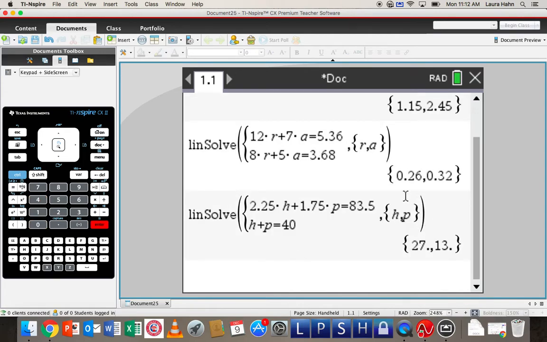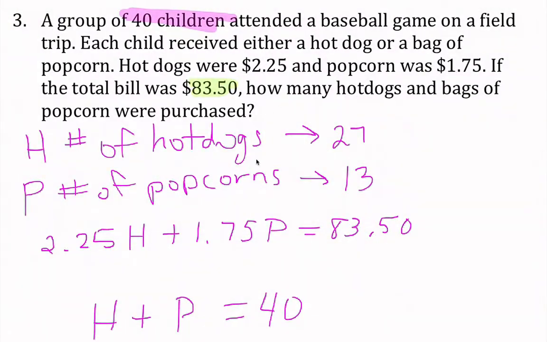So remember, this tells us how the answer is going to come out. I know h stands for the number of hot dogs, p stands for the number of popcorns. So this is how many hot dogs, this is how many popcorns we bought. So we bought 27 hot dogs and 13 popcorns. So the number of hot dogs was 27, the number of popcorns was 13.